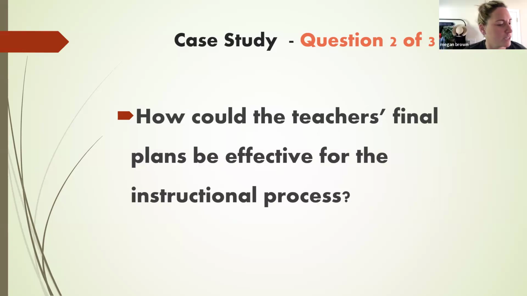So looking at some of the research that I did, some big things that stuck out to me were their final plan should include a reflection on strengths and areas for improvement. Again, not punitive, in the sense that you're observing them to go tell the principal what they're doing right or wrong. It's more like, hey, try this. This might work better in your classroom. And make a plan for future professional development, things like that, that could be beneficial to the teacher that's being observed or to multiple teachers.